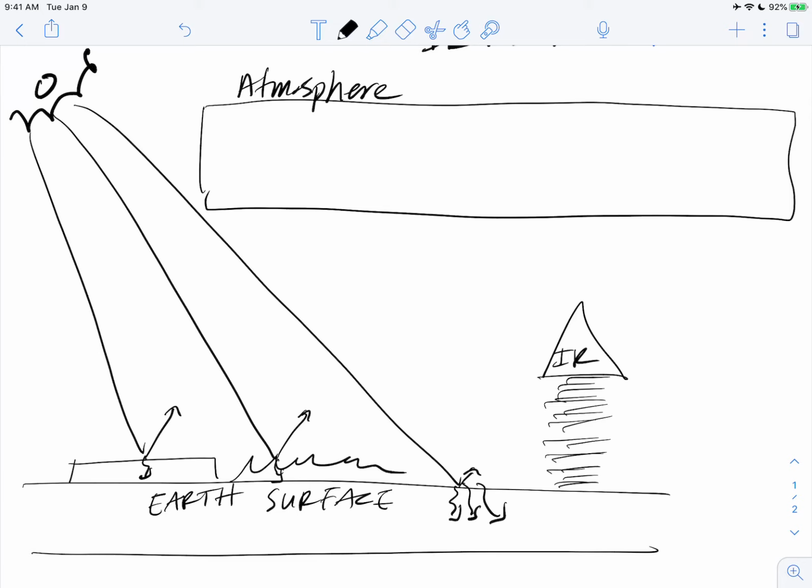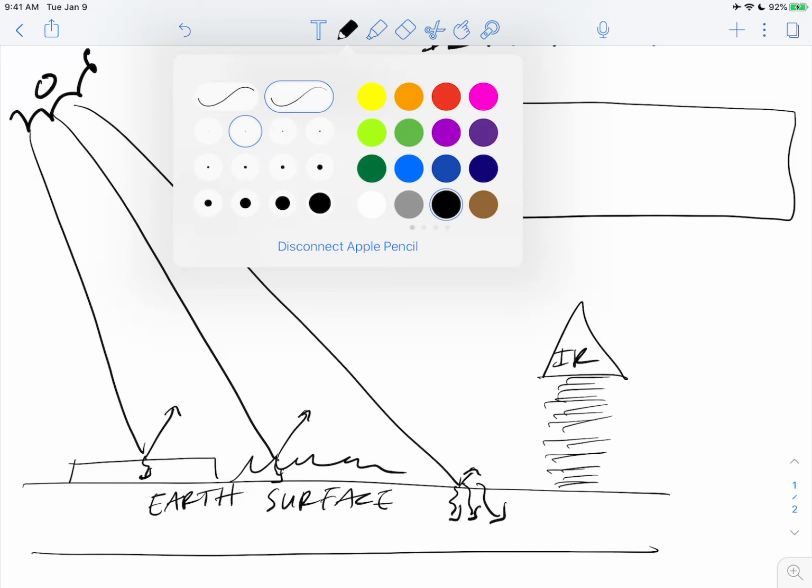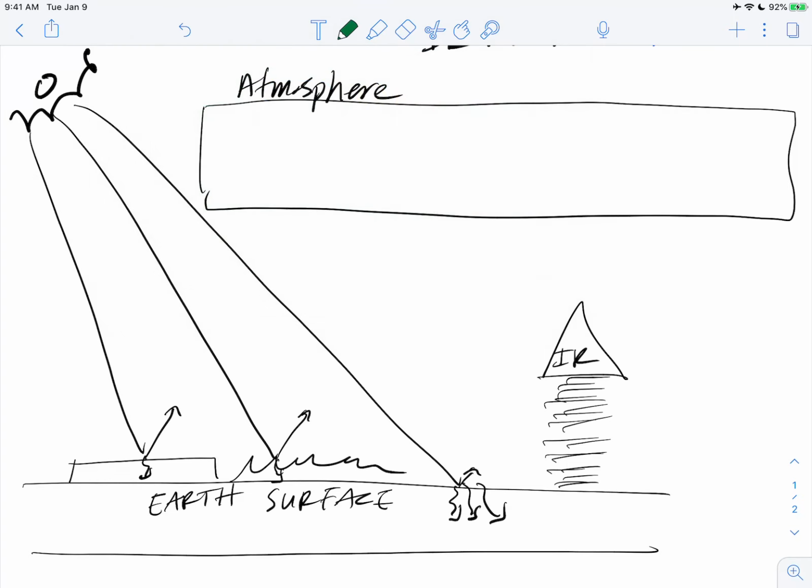Every single one of the gases I'm going to put in this box are greenhouse gases. A greenhouse gas is defined as anything that can absorb IR radiation. The first type, I'm going to do in green. These are H2O. These are naturally occurring greenhouse gases.